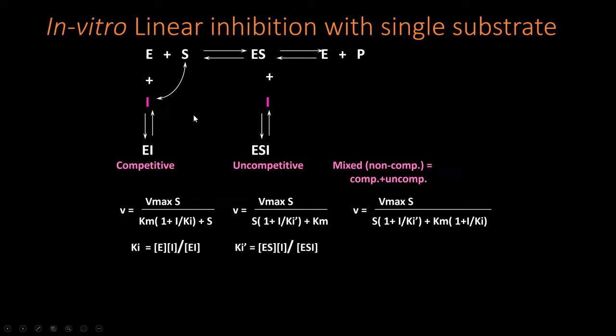Many inhibitors for the same enzyme may go to this complex and bind to ES, the transition state complex, and then the inhibition would be uncompetitive. The formula has to be changed a bit. These are the velocities passing through. And it can be mixed also, where partly the inhibitor goes to occupy the site and partly it does this.